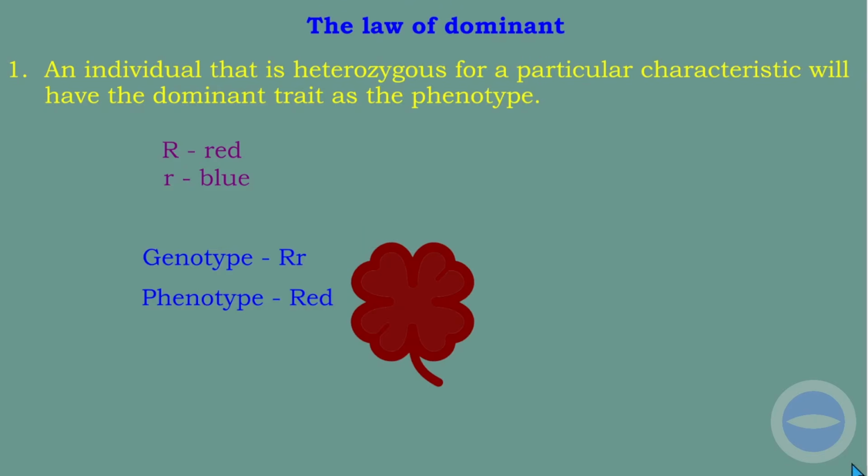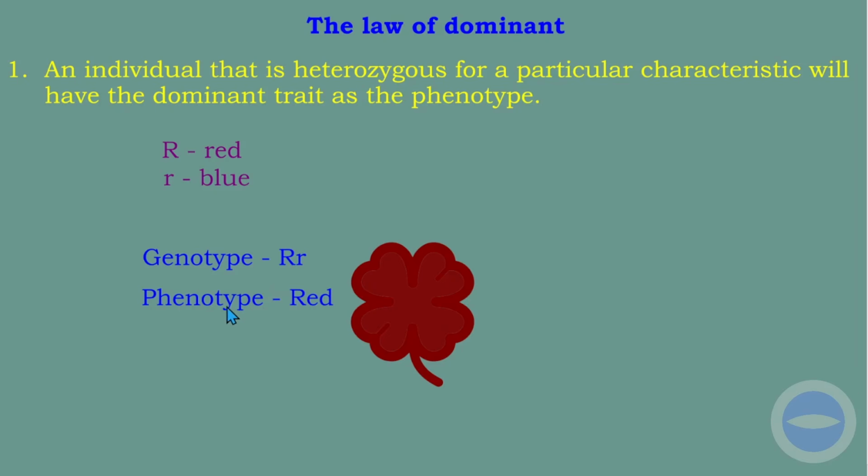And then the next law: an individual that is heterozygous for a particular characteristic will have the dominant trait as the phenotype. So here if we have a heterozygous individual, like we have capital R and small r, the capital R is for red and then small r is for blue. Let's say we have an allele for blue color here, so this genotype is Rr.